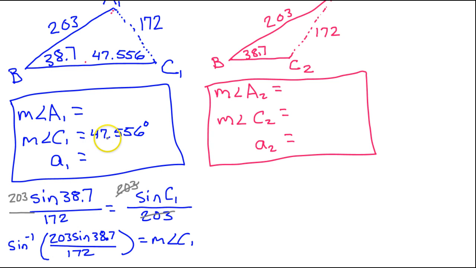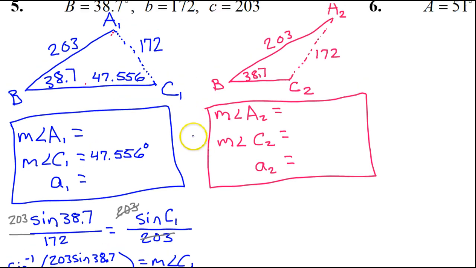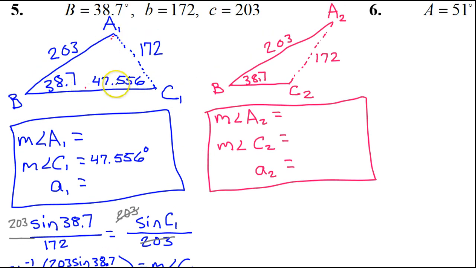So I'm getting 47.556 degrees. Now we can easily find the measure of angle A by subtracting these two angles from 180. So I am getting 93.744 degrees for the measure of angle A.